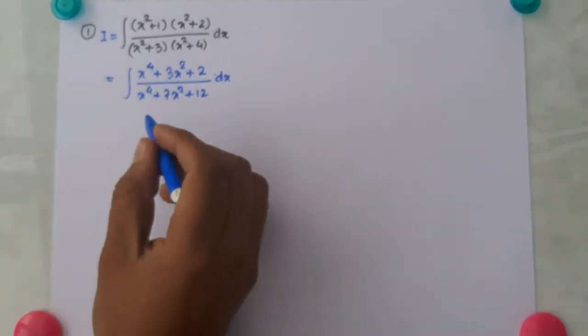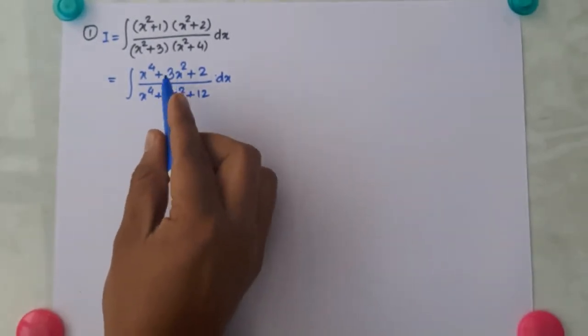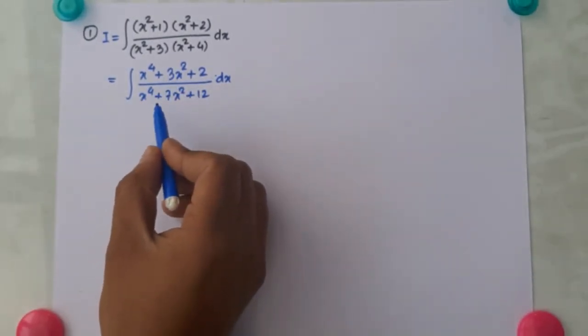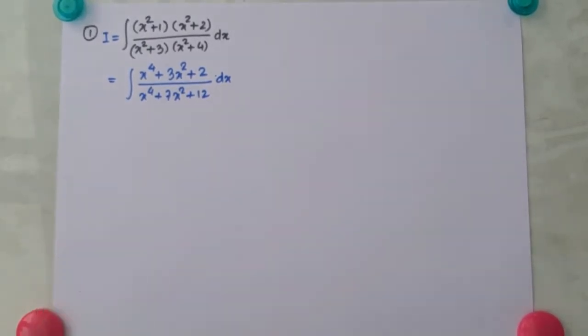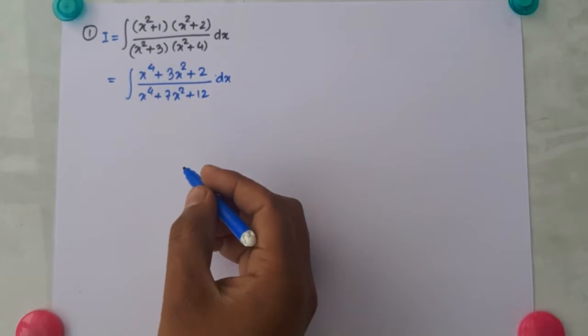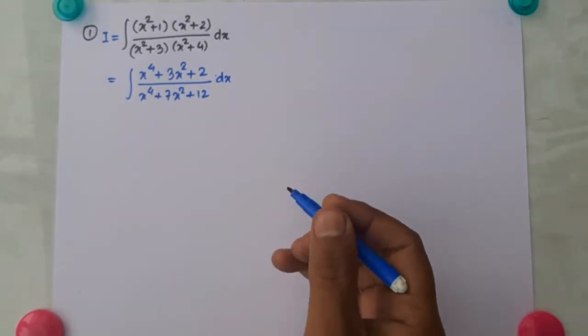So in this case, what do you need to do? You need to divide, isn't it? You all know that. If you want to do division, that is fine, or if you want to do some manipulation, that's also fine. Let me divide it for you.